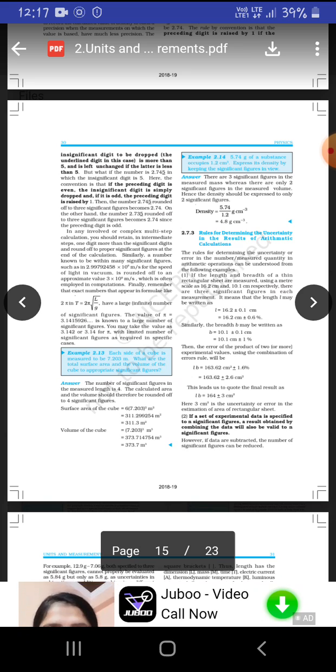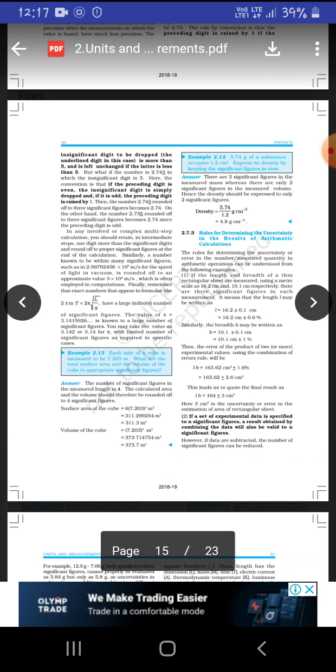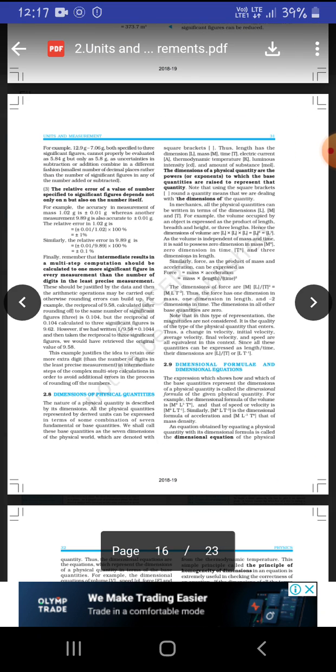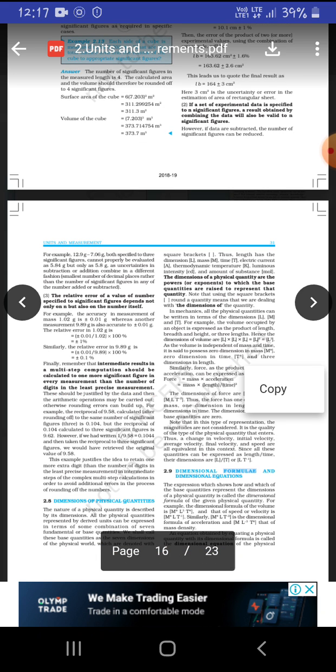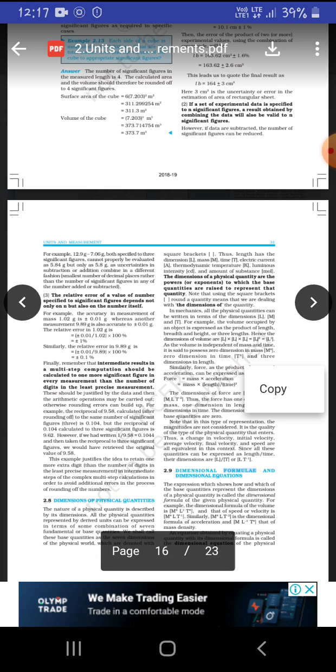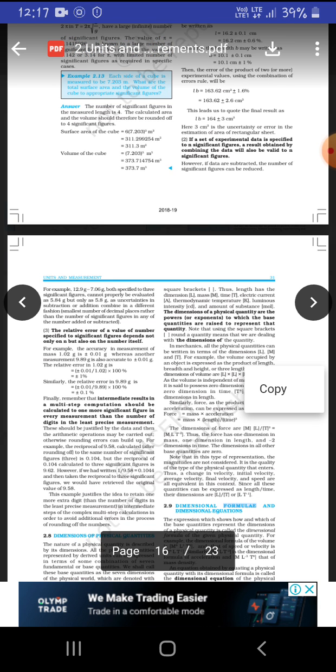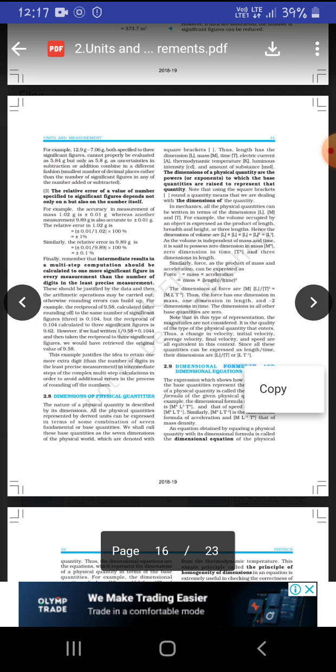We will get the answer when we multiply both, the product of the breadth and length. And also the second rule: the experimental data is specified to n significant figures. A result obtained by combining the data will also be valid to n significant figures. It should be near to the significant figures that we get.